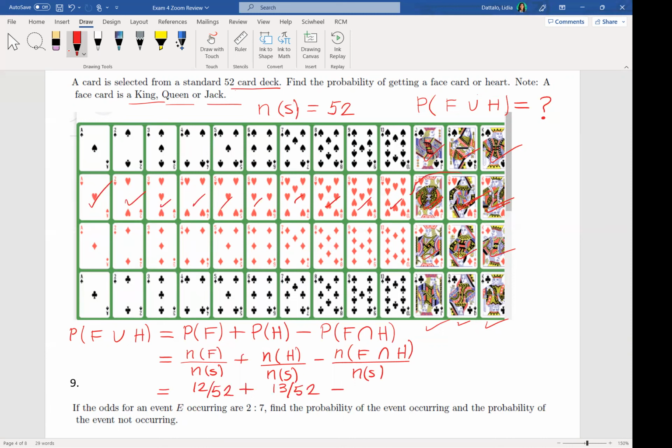Well, hopefully you can see that it's these three. So 3 of them divided by the total space. If you put that in the calculator, you're going to get 22 over 52. Let me get a decimal for that. 0.42.